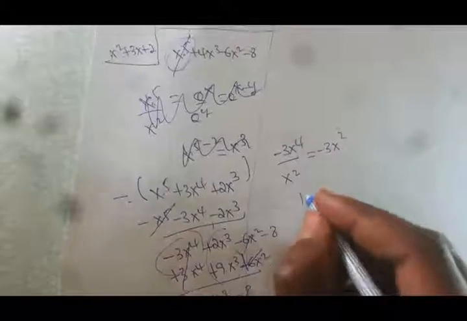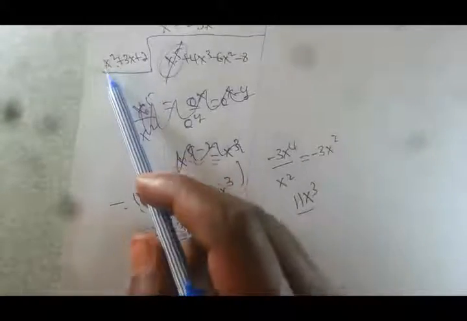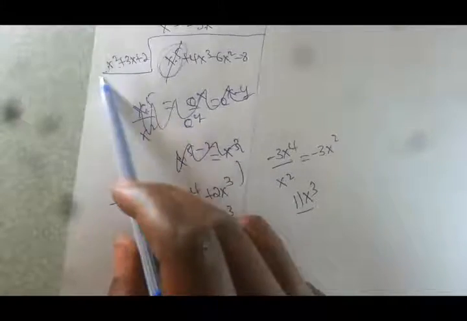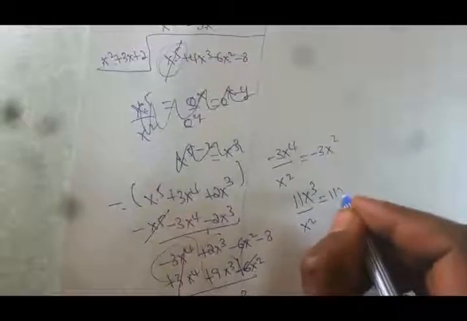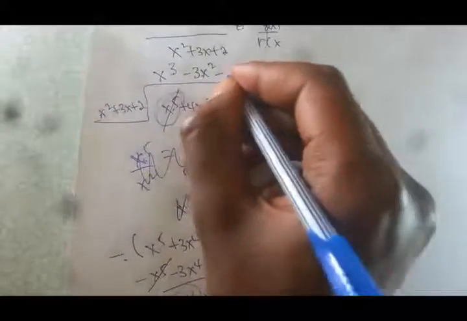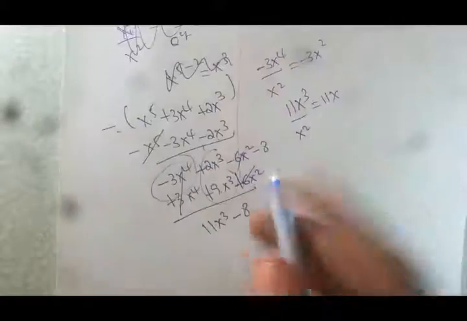Therefore 11x cubed is divided by the leading term of r of x, the highest degree term, this x squared. Therefore this is equal to 11x. So plus 11x. When 11x is multiplied by x squared, this is equal to 11x cubed.